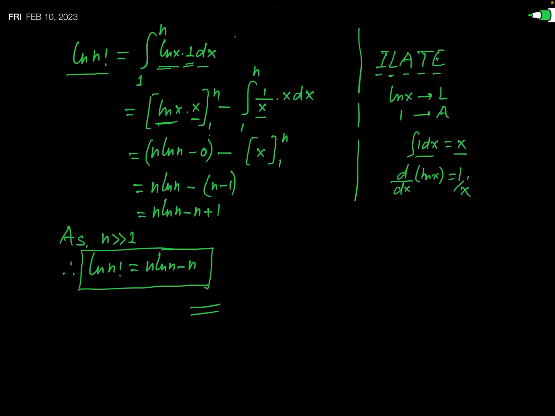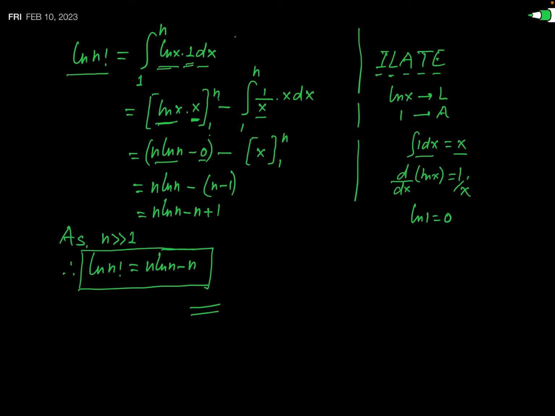Now let us put the limits. When you put the limit in the first term, at the place of x we will now write n. So this will be n into log n, and minus, now 1 into log 1. But you know log 1 is equal to 0. So here this second term is 0.